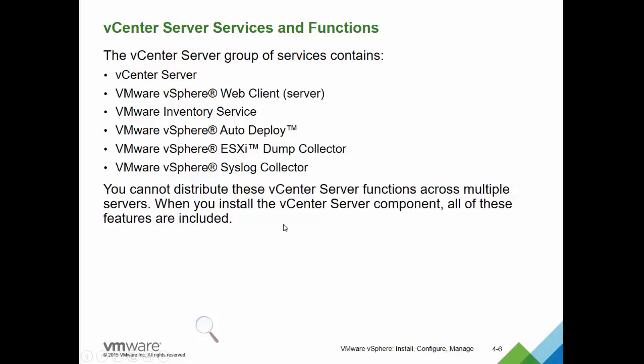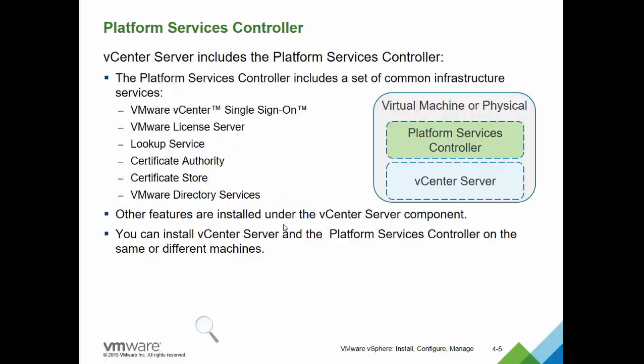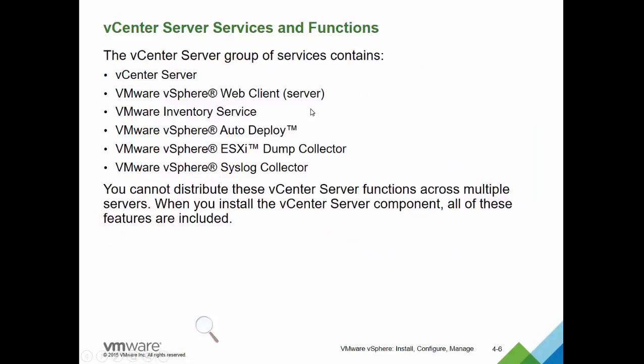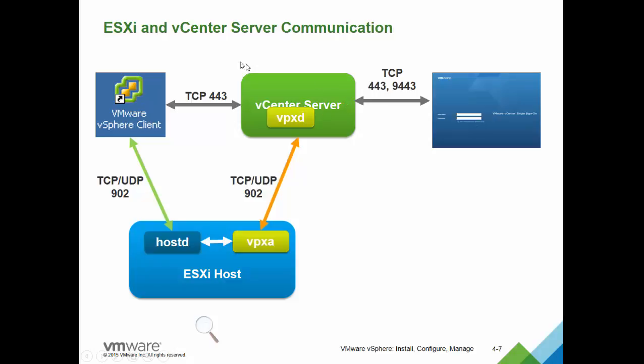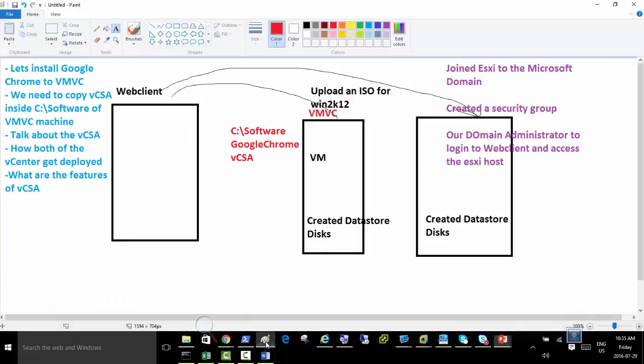Okay, so services are divided into two major platforms, we can say. So let's go ahead a little and talk about ESXi and vCenter server communication. So ESXi in 5.5, suppose you've installed ESXi here.